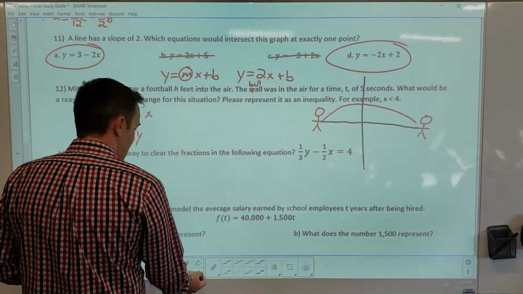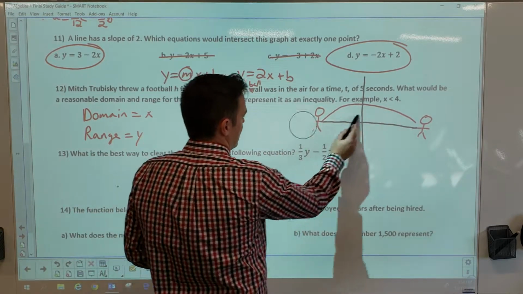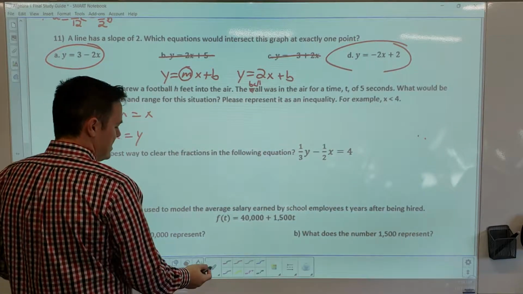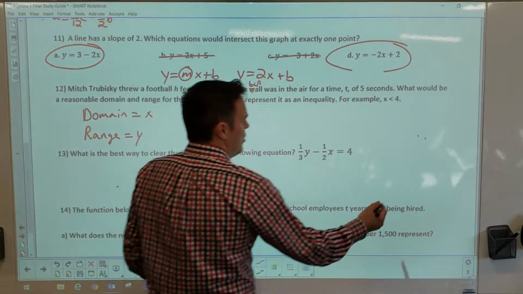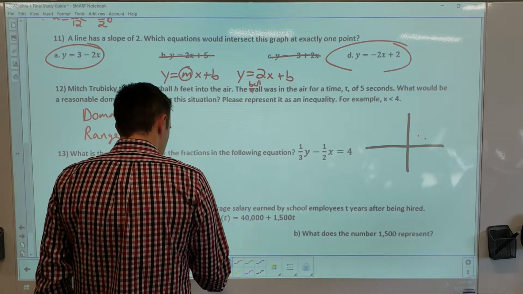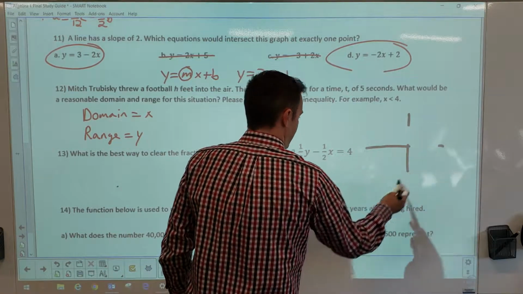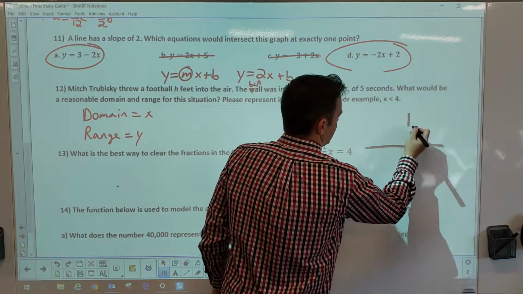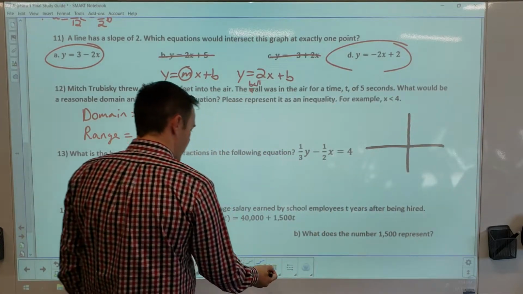If you guys can't see that, let me erase this, and let me draw my beautiful stick figures again, but this time I'll draw it a little differently. So we have our graph sitting just like that. Fix my lines here. So we have our beautiful graph.